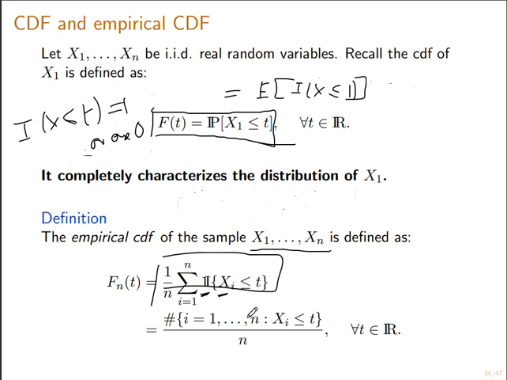We compute the average by summing up all the values and dividing by n. If we do that, we get the empirical CDF for variable x.